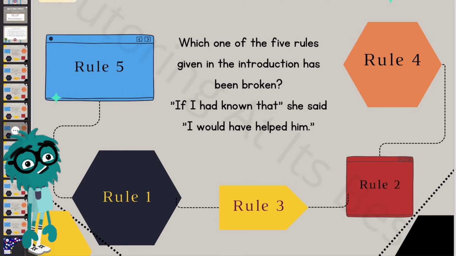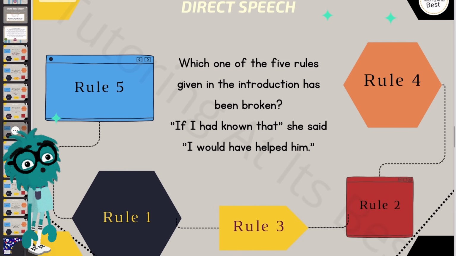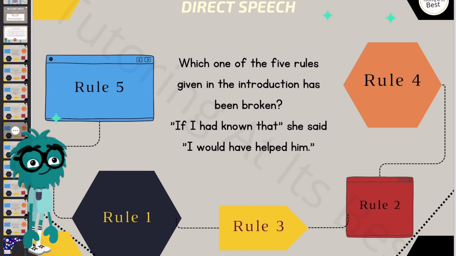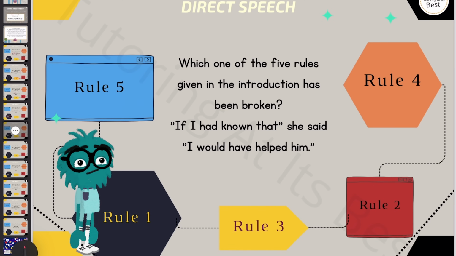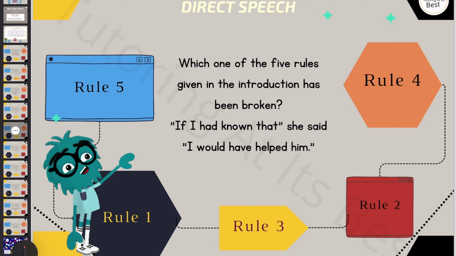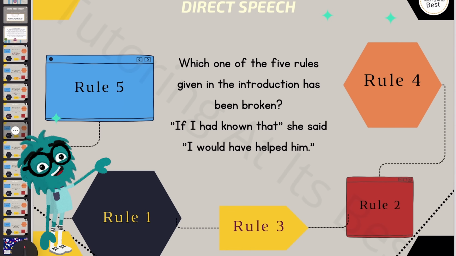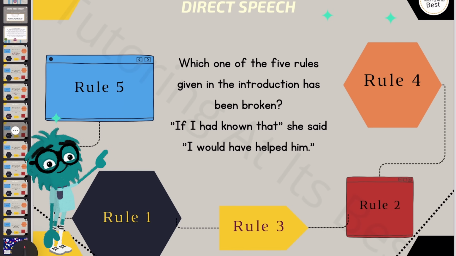Okay, moving to the next one. "If I had known that," she said, "I would have helped him." So again, what have you noticed? There's 2 pieces of dialogue said by the same person. So remember, if the direct speech is split up by a named speaker, we have to put a comma, a question mark, or exclamation mark to end the first part, and then a full stop or another comma before the inverted comma of the second part.